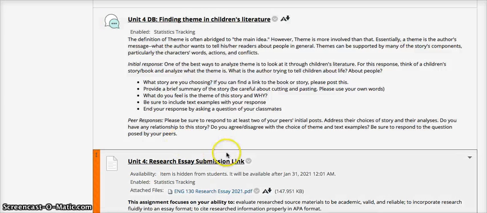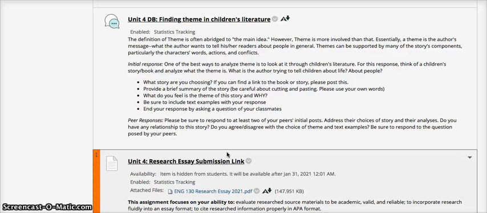For your pair responses, after submitting your initial response, you must respond to at least 2 of your pairs. You could do more, but it has to be 2 or more. Reply to at least 2 of your pairs' initial posts. Address their choice of story in their analysis. Do you have any relationship to the story? Do you have any connection?